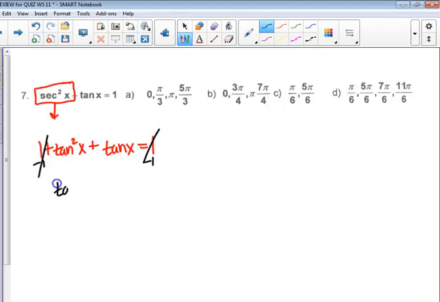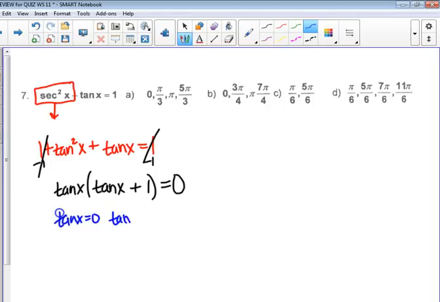So now we could take out a tangent, Miranda said. So we'd have a tangent times a tangent of x plus 1 equals 0. So either tangent is 0 or tangent of x is -1.